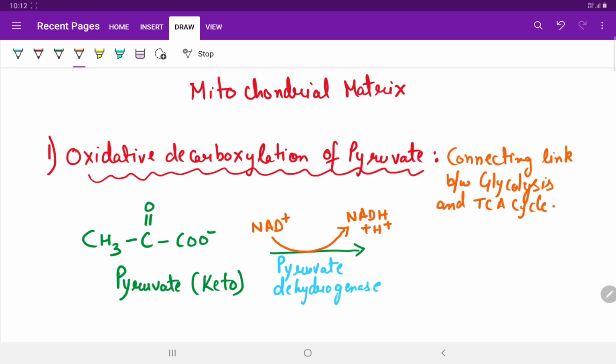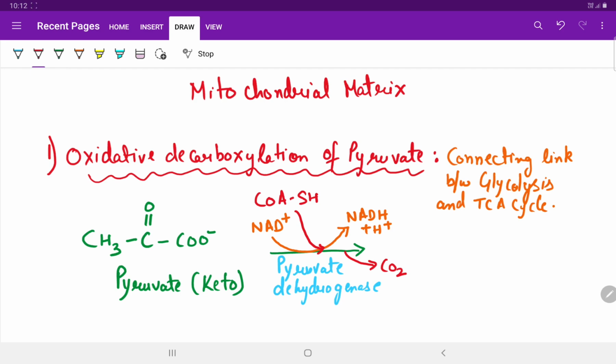Plus this also involves the removal of carbon dioxide molecule and addition of one coenzyme A SH molecule.